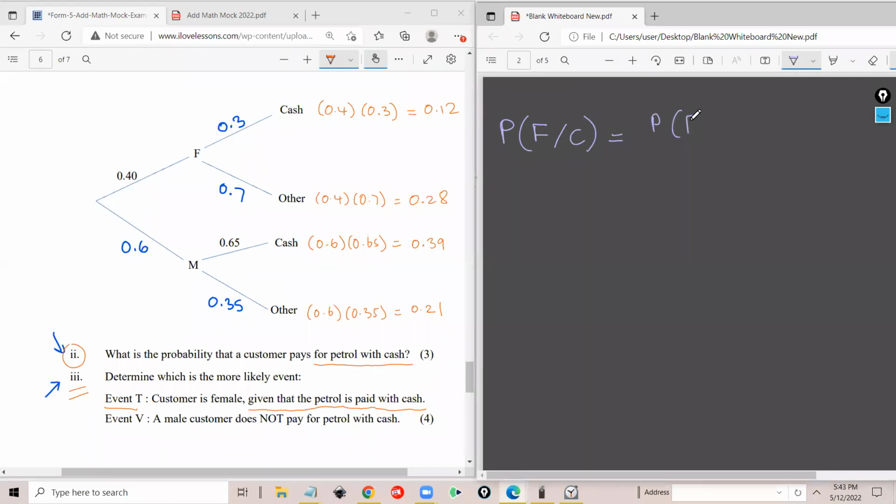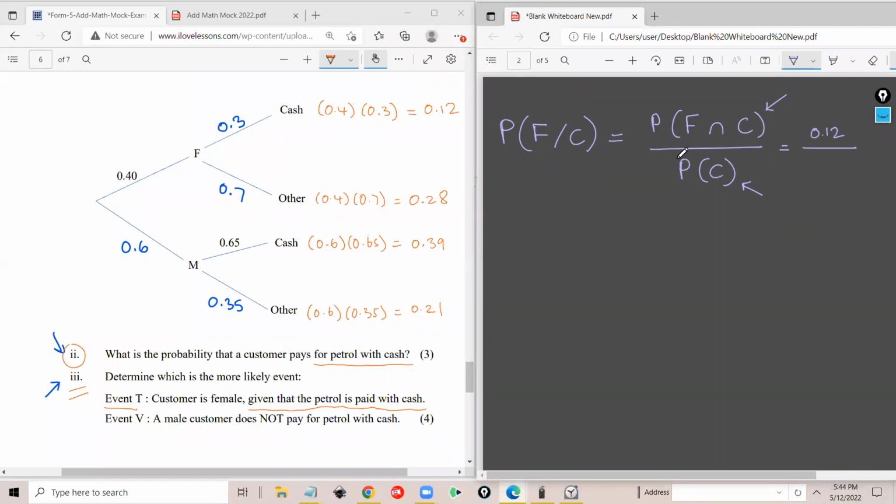It is the probability of being female and paying with cash divided by the probability of paying with cash. So let's calculate event T. What's the probability of being female and paying with cash? You can see that on the diagram. Female and paying with cash is 0.12.